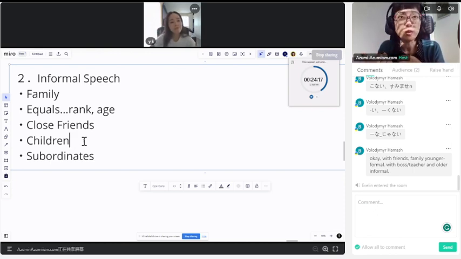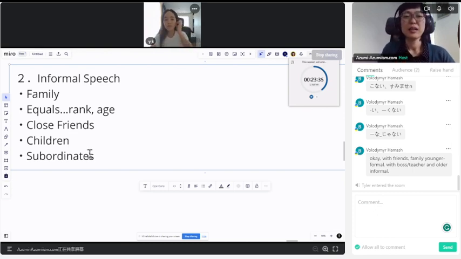Many Japanese people think formal speech is more difficult, so when we talk with children we try to use informal speech. That's maybe one of the reasons.